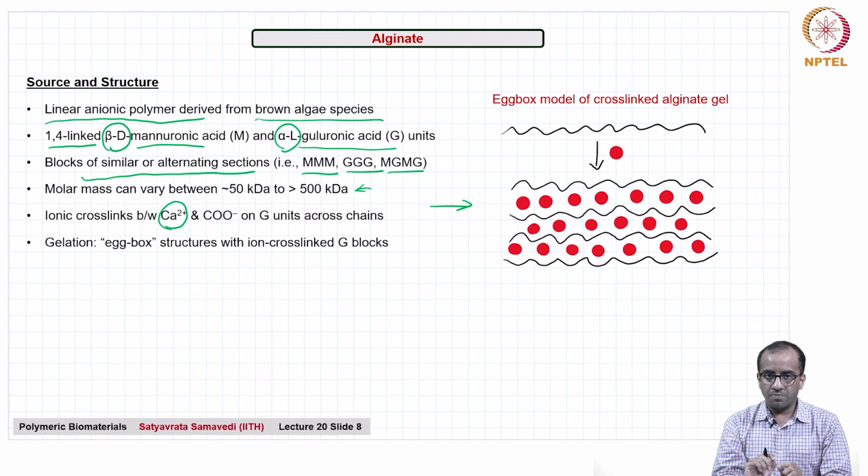Essentially, the primary functionality in alginate comes from the COO minus present in alginate, and you can imagine that two of these negatively charged COO minus on two different chains can now be cross-linked through one divalent calcium ion.